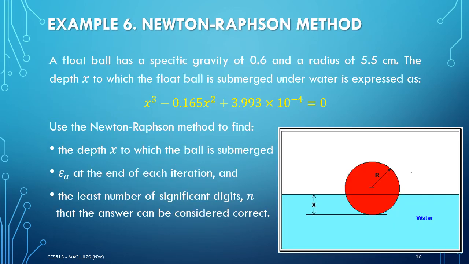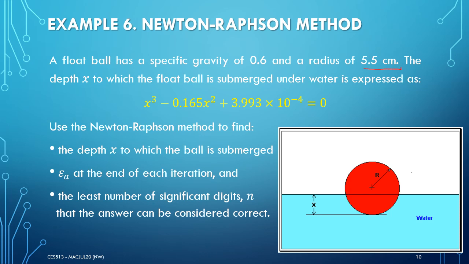Okay, next we look at example 6 for the Newton-Raphson method. This example is actually similar to the one that we already solved using the bisection method in the previous subtopic. It's a float ball that has a specific gravity of 0.6 and a radius of 5.5 centimeters.